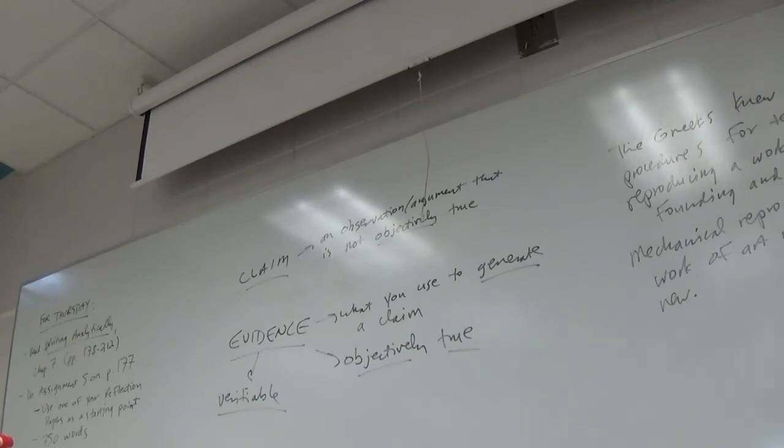Statement of evidence. Yeah, this is something you could look up and verify. If you did a little research on Greek art history or Greek technological history, you could verify whether or not this is true. So this is the evidence.